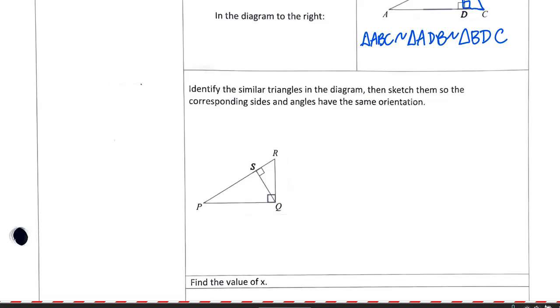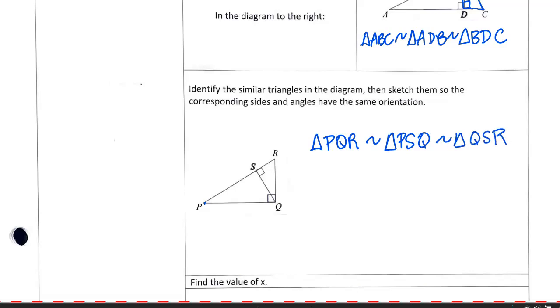So if we look here, I'm going to start with my longest side, triangle PQR. And that is, sorry, I got so used to writing congruent, similar to, then I'm going to do this next, PSQ, and then my little triangle, which would be QSR.